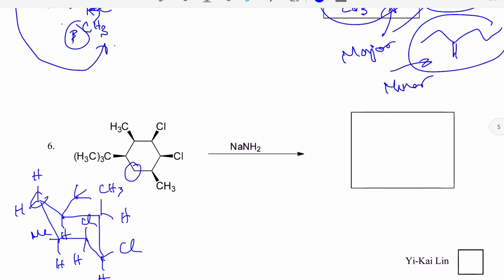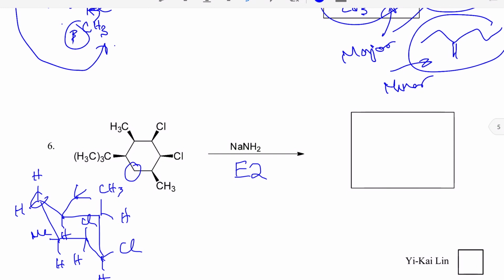And when you look at this chair conformation, what do you remember about E2 reactions? E2 reactions require an anti-periplanar arrangement in order for them to actually occur. So that means that the chlorine atoms have to be anti towards the protons on the beta carbon.